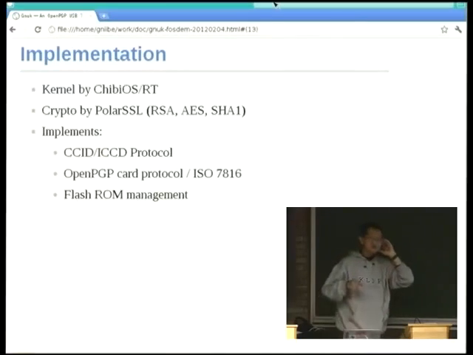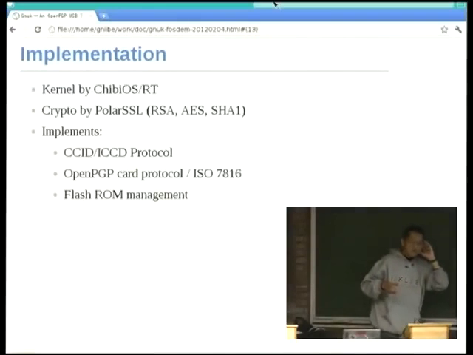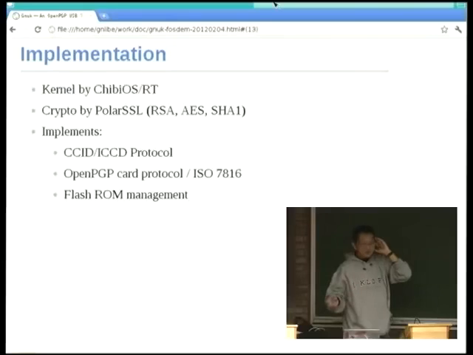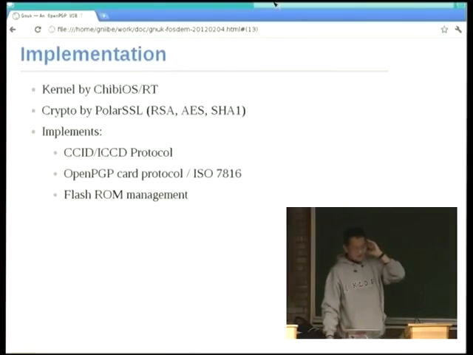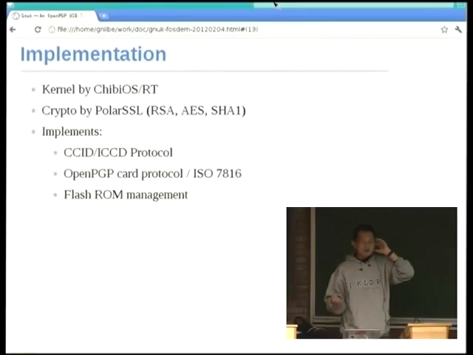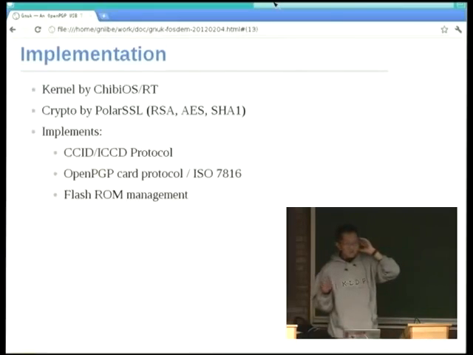Basically, we use the main flash ROM embedded in the chip. We don't use an external chip, only the internal flash ROM. According to the manual, we can protect flash ROM access by JTAG debugger, and once it is locked, there is no way to read it out by JTAG debugger or anything.